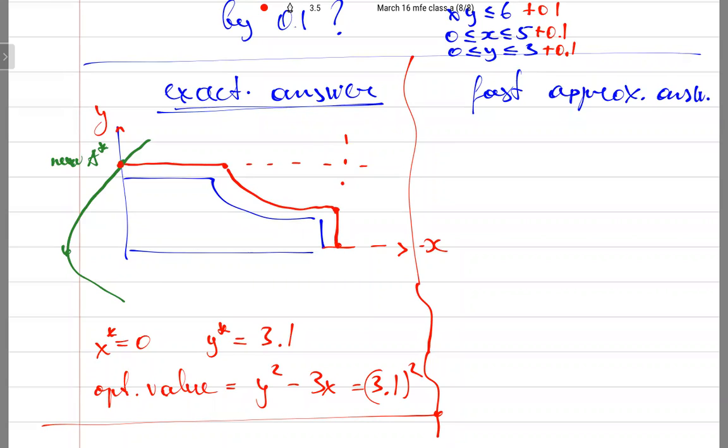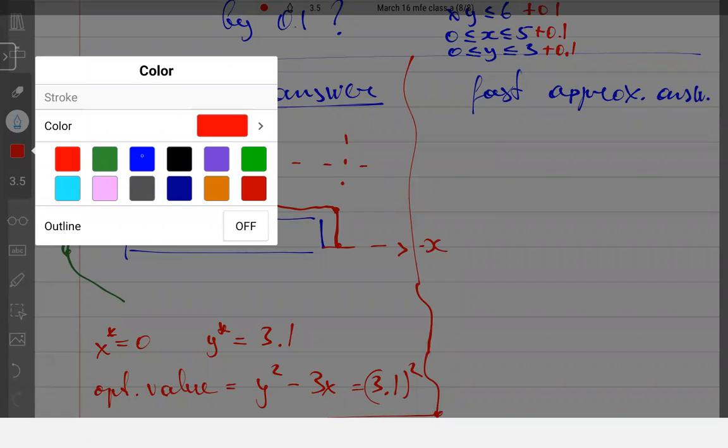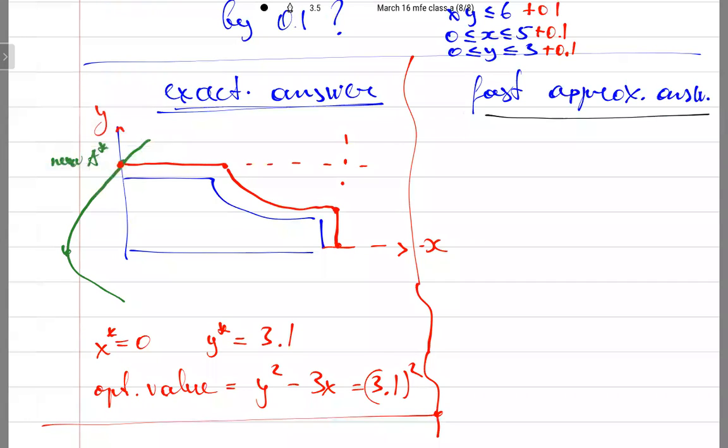If we go with the fast approximate answer, we know that delta of the optimal value is approximately, if we are lucky, dL to d parameters times delta parameter.